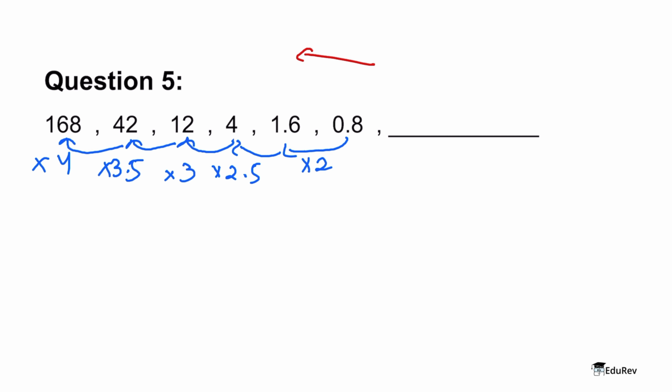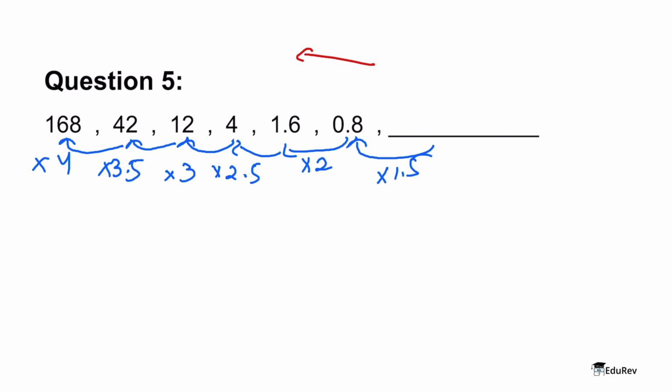Okay, great. Now how do we get the next number? To get the next number, what do we have to do? We have to now get a number which, when multiplied by 1.5, would give us 0.8. Okay, so now how do we do it? We already know the logic of the multiplicative part. So let's move on to the decreasing part so that we are able to get the answer.